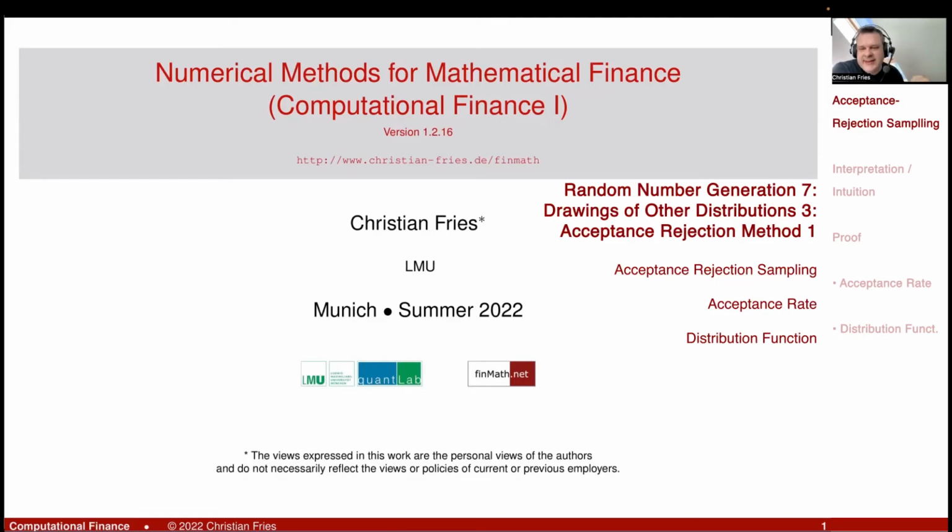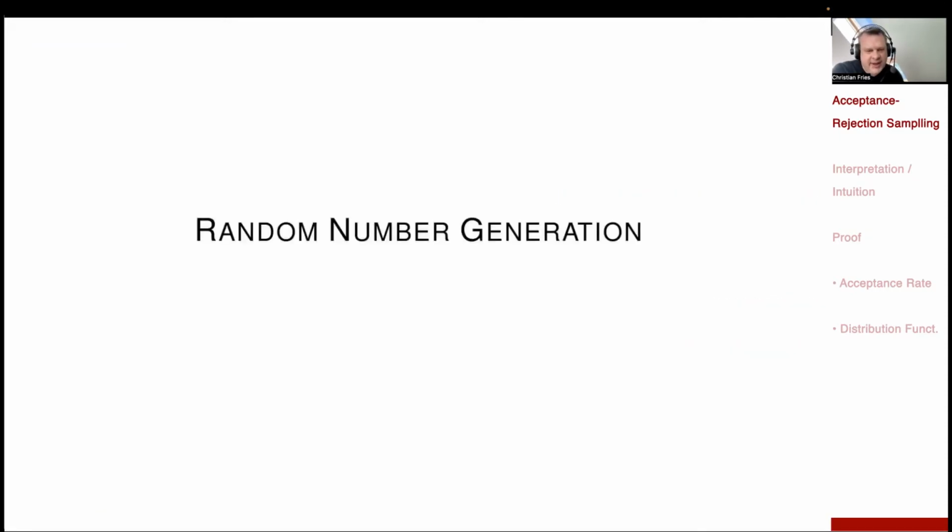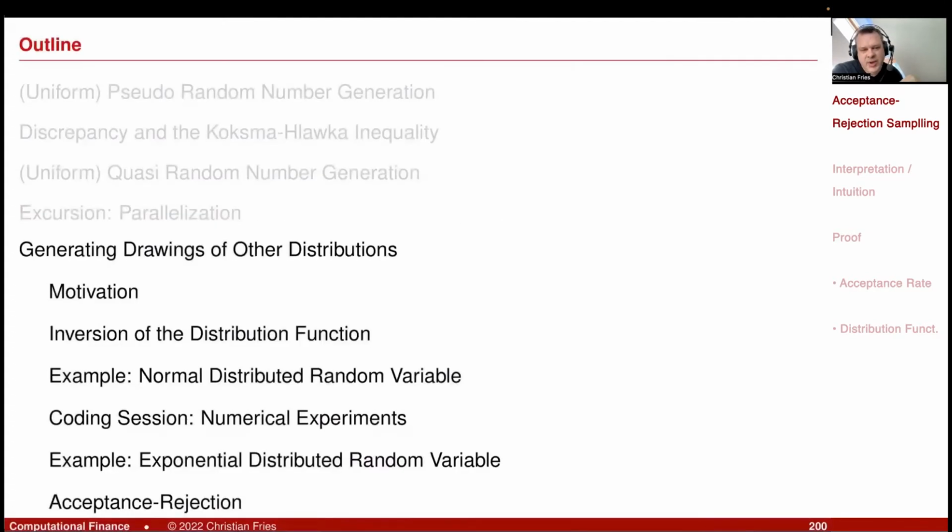So now in this smaller session, I would like to discuss another method for generating random number sequences of other distributions. So we are still in the section of random number generation, and we are discussing how we can generate drawings of other distributions.